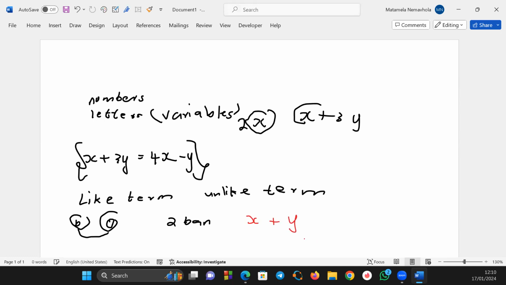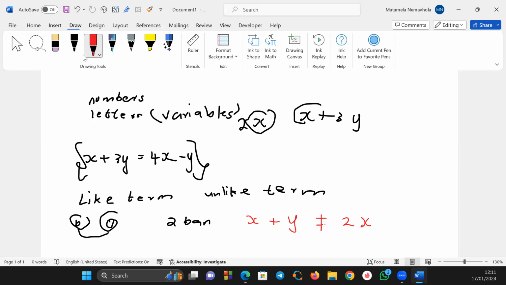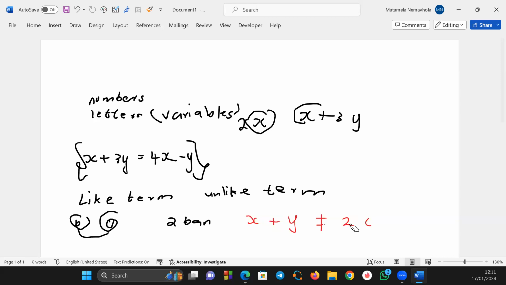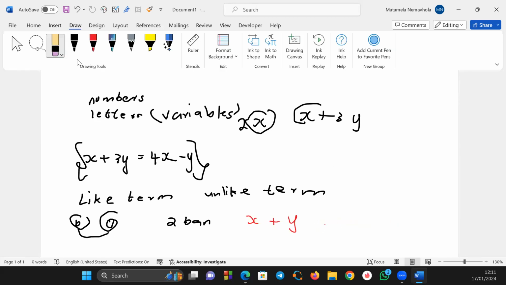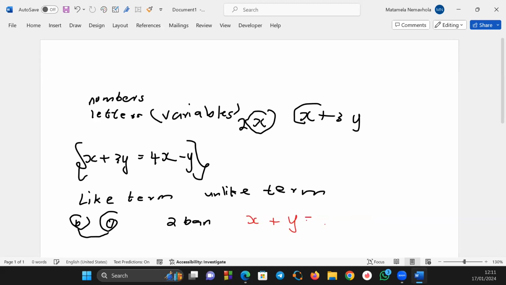So x plus y, because x and y are not the same, you cannot say this equals 2x or 2y. It's wrong. X plus y is going to be equal to x plus y because they are unlike terms.